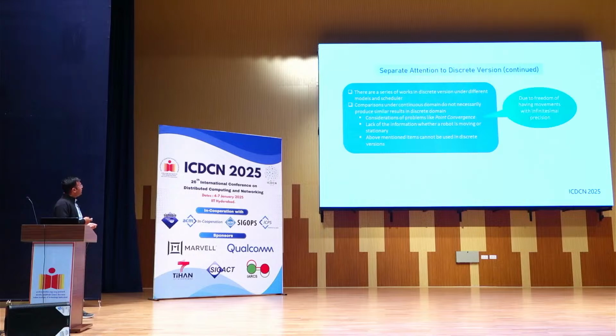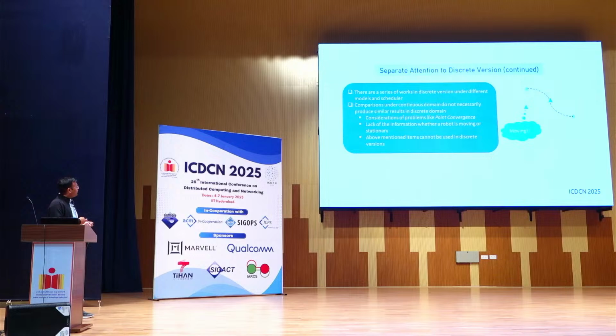Let's say in the continuous domain, we can direct a robot to move at any infinitesimal precision, any distance. We can ask them to move. For that reason, they have considered some problems like point convergence, where the robots are required to converge at a point. So these kinds of problems cannot be considered in the discrete domain.